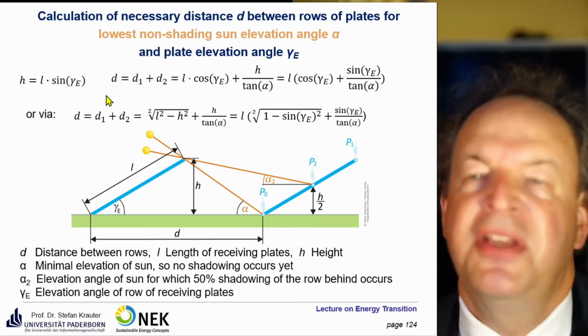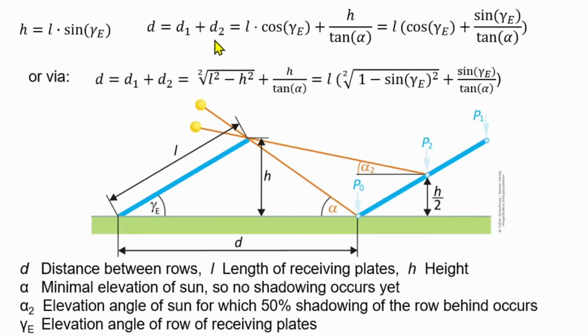Then d is d1 plus d2. d1 is the cosine of the elevation angle of your receiver, and d2 is h divided by tangent of alpha, the sun elevation angle for not causing a shadow.